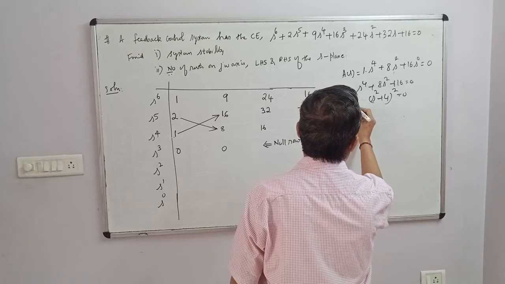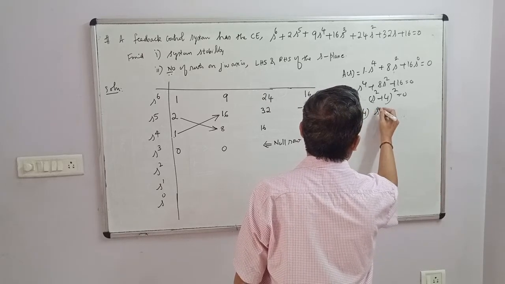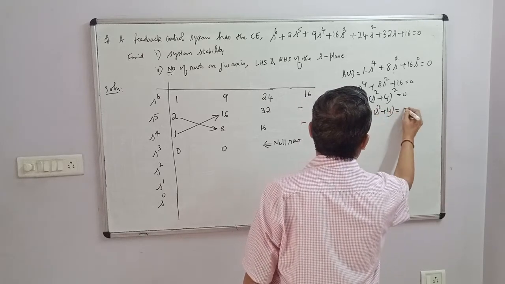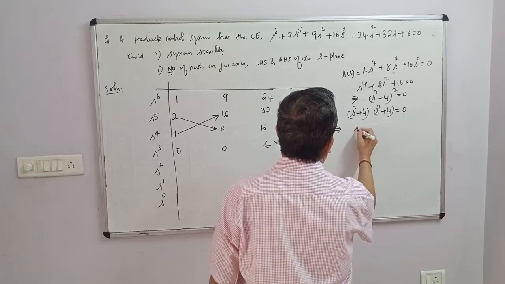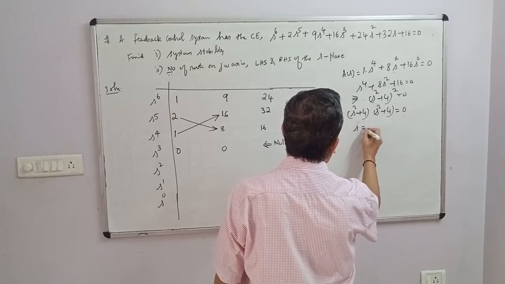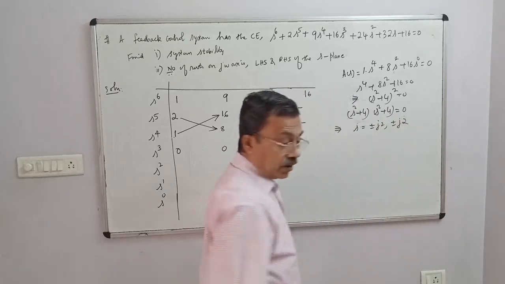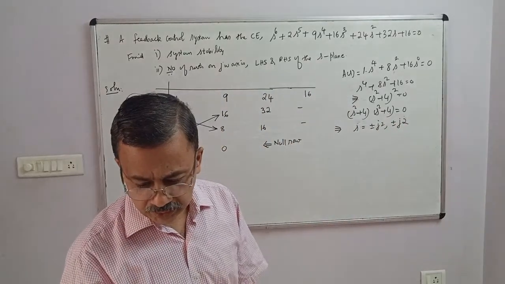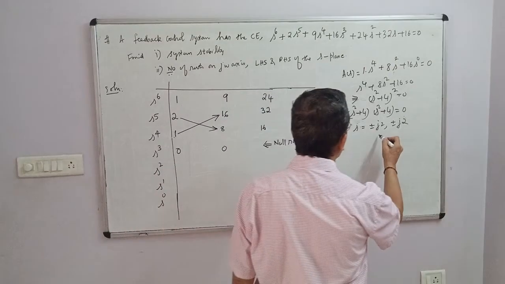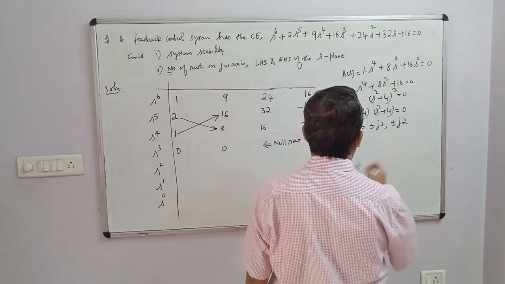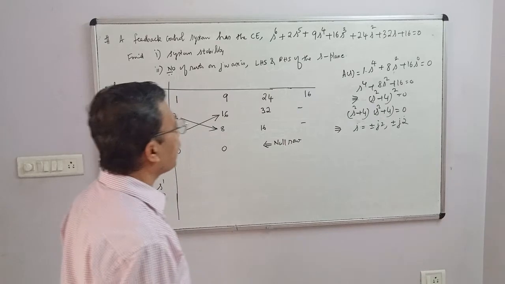That means s square plus 4 into s square plus 4 is equal to 0. This implies s is equal to plus minus j2, plus minus j2. That means roots are repeated. Roots are repeated on the j omega axis.